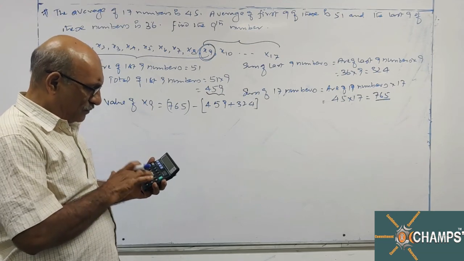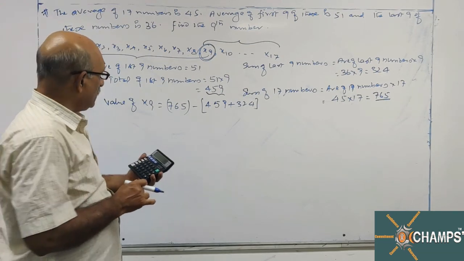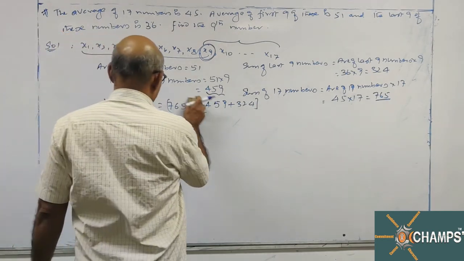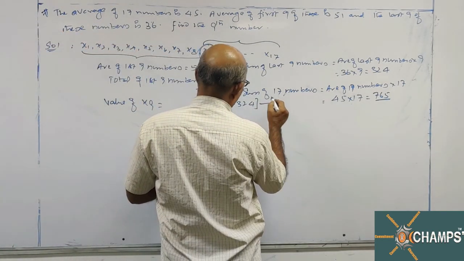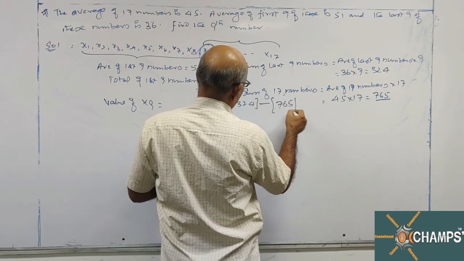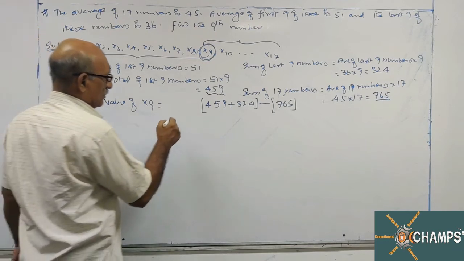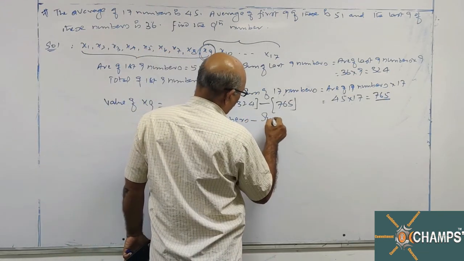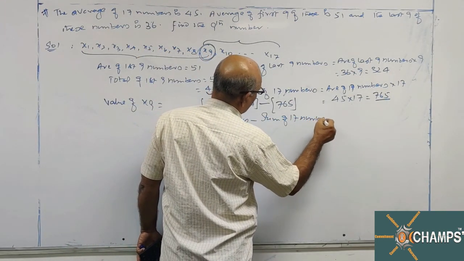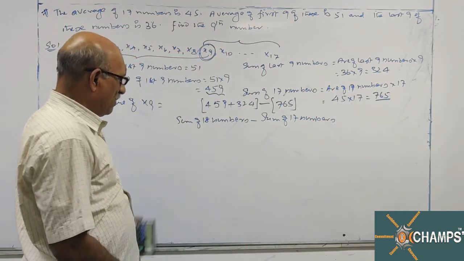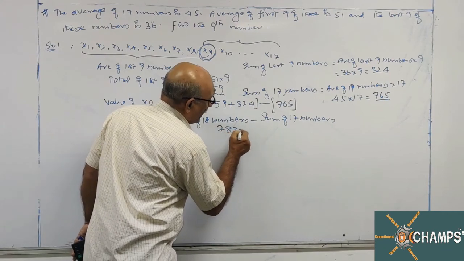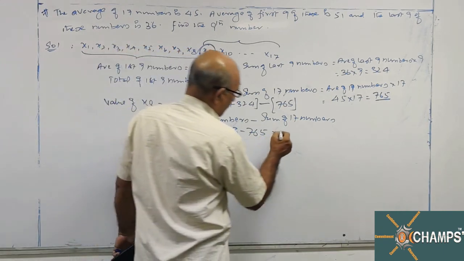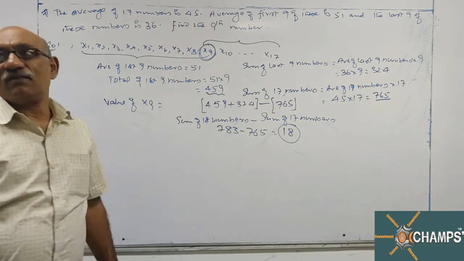So 459 plus 324, 783, minus 765. 18 numbers sum minus 17 numbers sum. 783 minus 765, 18. So this number is double counted, that value is 18.